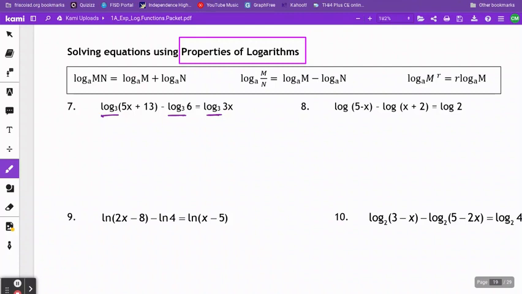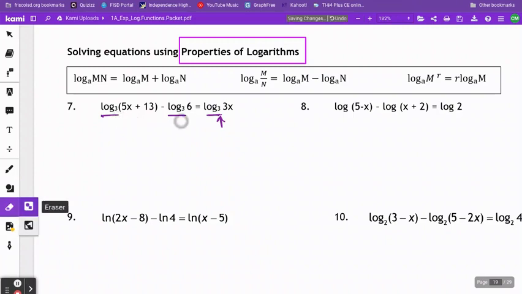So I can hopefully use these other properties and condense the logs on the left side so that then I'll have one log equal to another. I already noticed that they all have the same base, so that's a good thing.